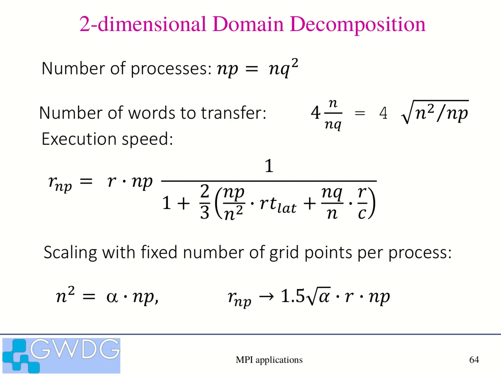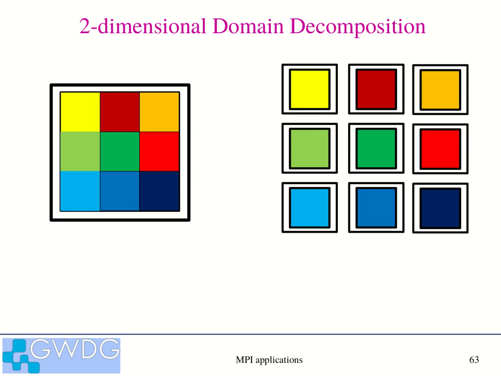If you have 4 processors, you would have a two-dimensional grid of processors, so NQ would be equal to 2, or if you have 9, it is 3, so you have a number of processors which is a square, and NQ is the value of the square root of NP. So the number of words to transfer then would be transfer in 4 directions: left, right, but up and down also.